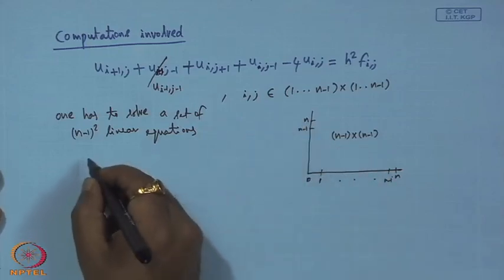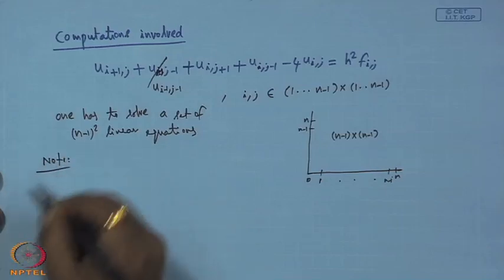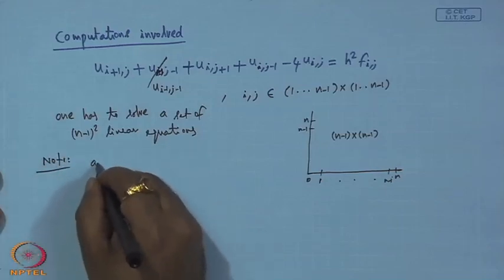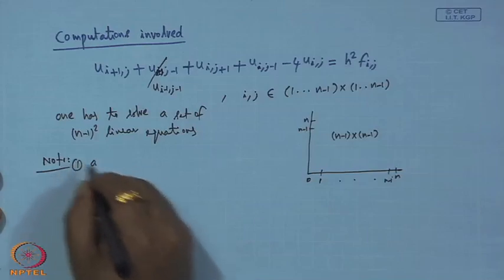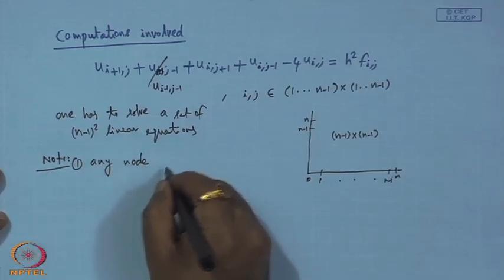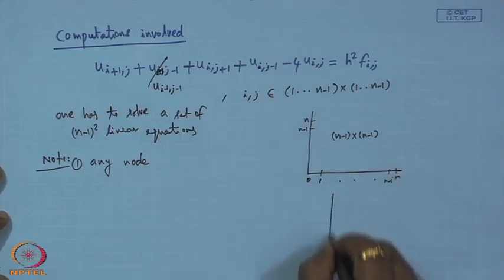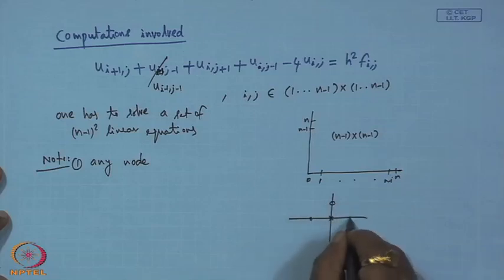Now, note that any node, for example, is asking for these 4 other nodes.